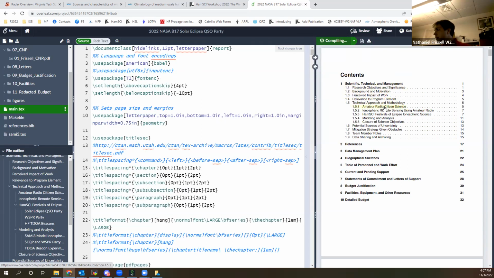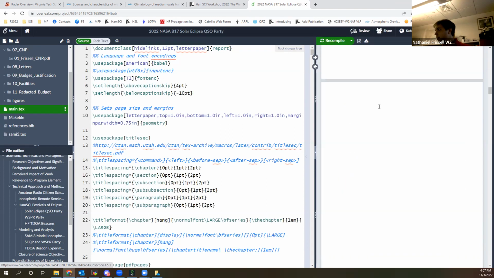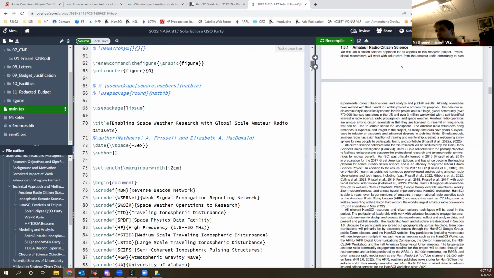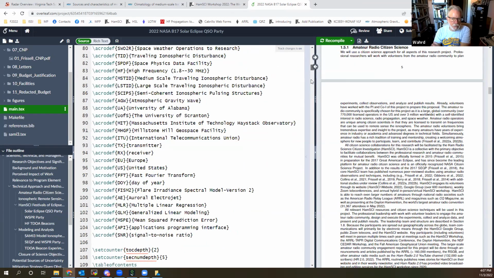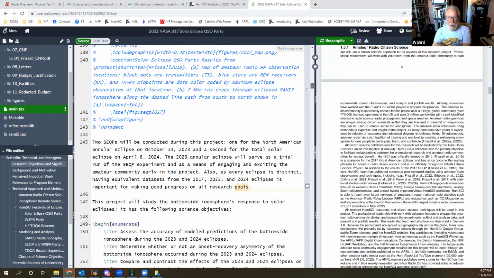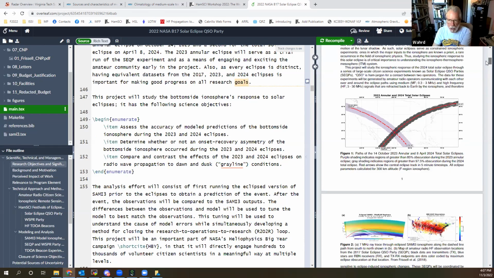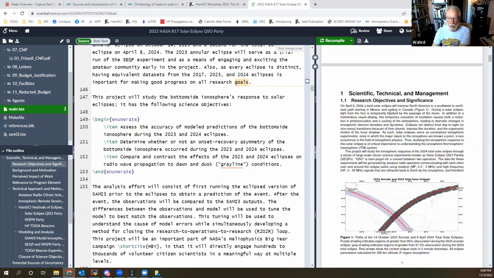Where do you think, so I have a definition, I think, of what amateur radio is down at like section 1.5, but you think I need to move this up higher? Yeah, the definition of amateur radio and what it is and why amateur radio operators are special or well suited for this program.